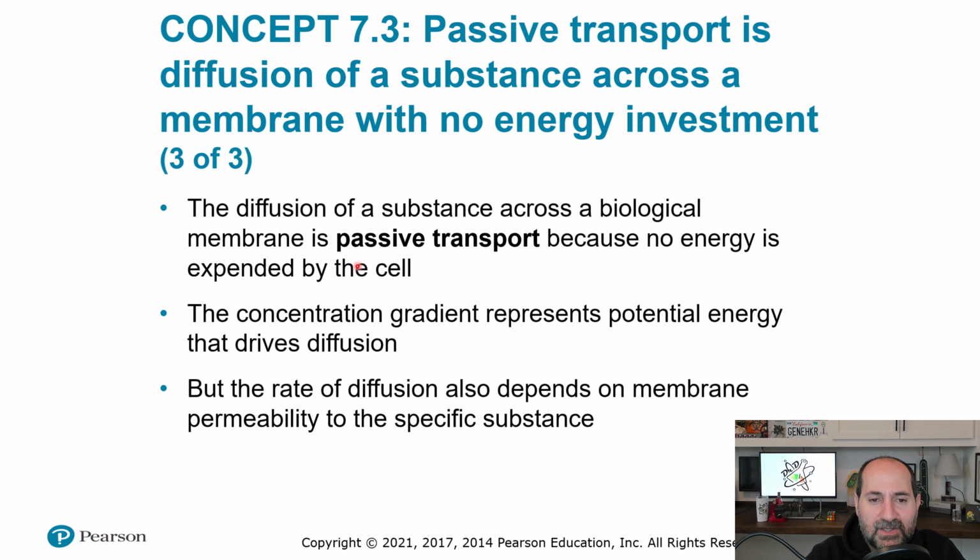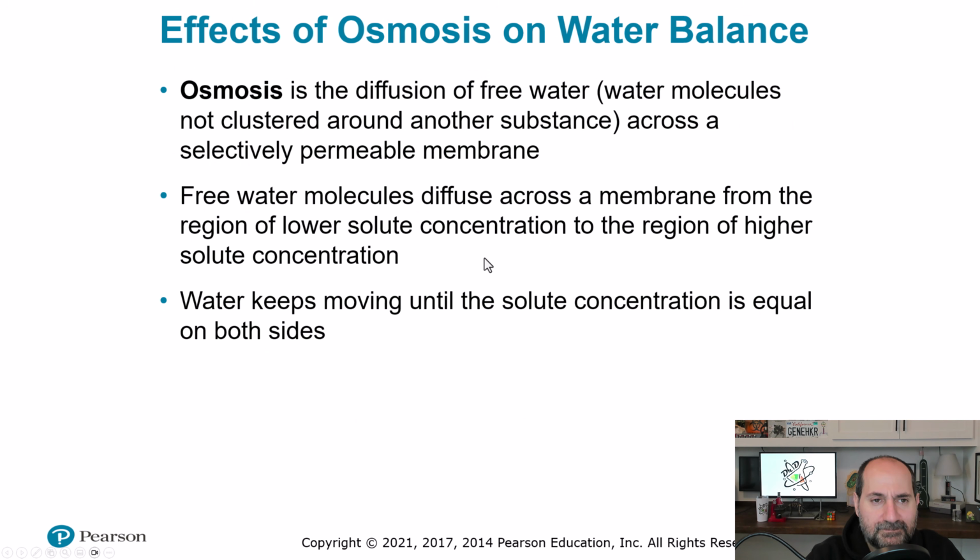All of these are examples of passive transport as well, though the tonicity problems are examples of osmosis passive transport. And again, osmosis is the diffusion of free water, so water molecules, across a selectively permeable membrane.